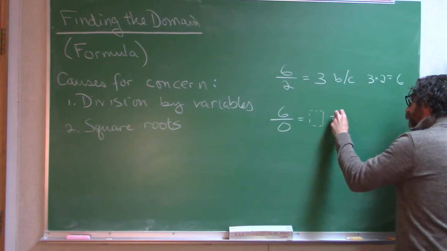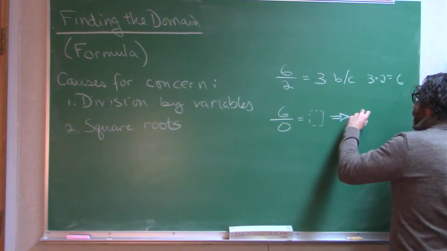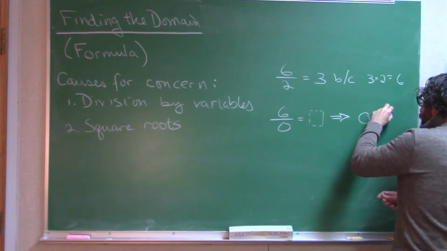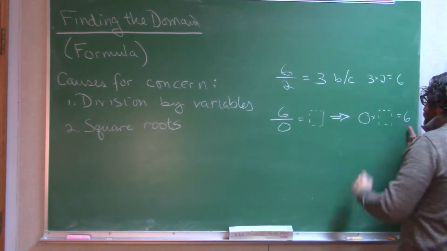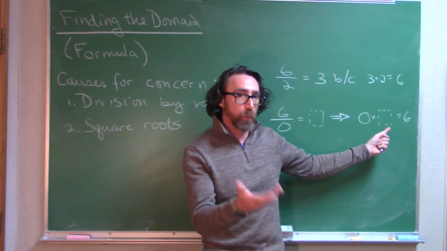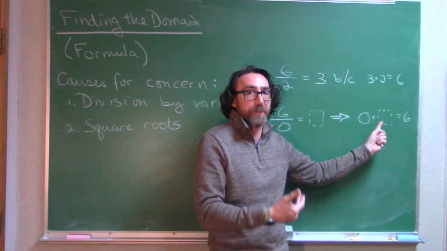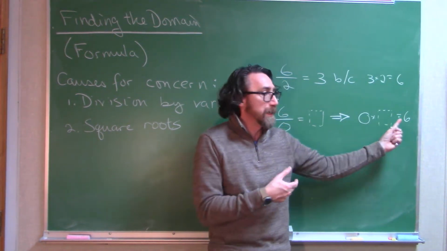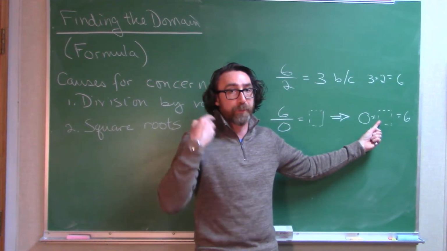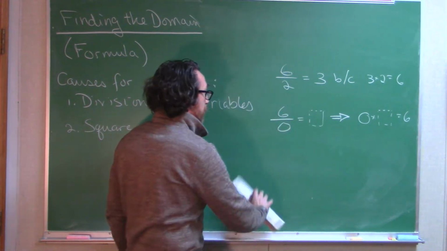Well, that would be equivalent to saying 0 times whatever I put in the blank is equal to 6. And this is trouble, because no matter what I put in this blank, 0 times that is going to be 0. I'll never get 6, no matter what number I put in that box. So there is no number I can do that will make this work. So division by 0 is undefined.